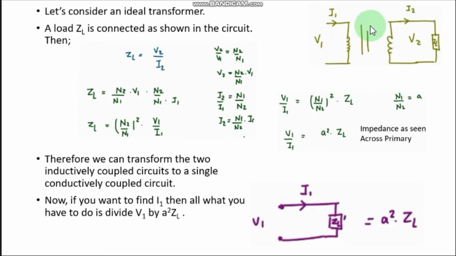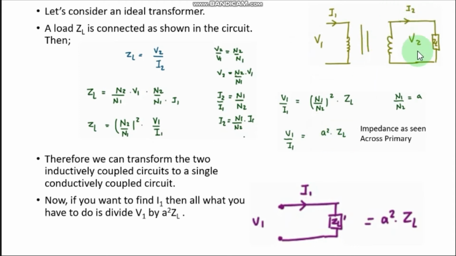And remember, this is an ideal transformer, right? So in that case, we could prove V1 over I1 is equal to A squared ZL, right? So basically V1 over I1 means when you look from this side into the transformer, it is the impedance that you see. So we can derive it as A squared ZL.